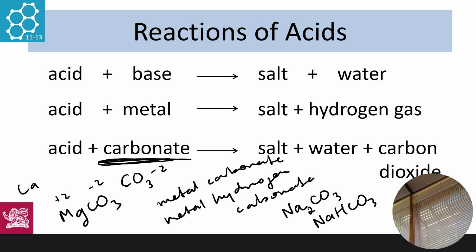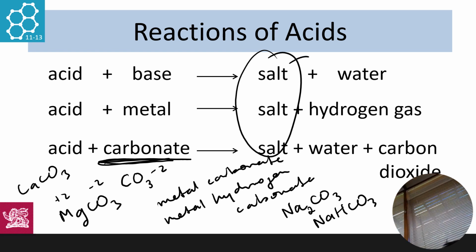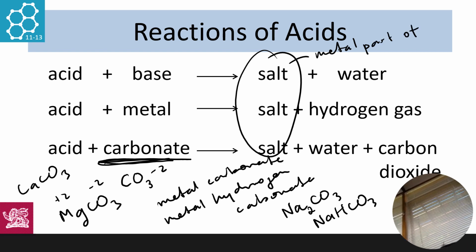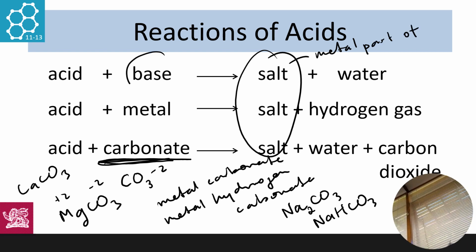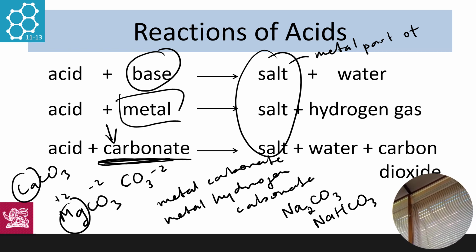Calcium carbonate, CaCO3, etc. So the salts that are forming would be the metal part of either the base, the actual metal itself, or the bit that's not the carbonate. So in this case, the calcium, the magnesium, or the sodium.